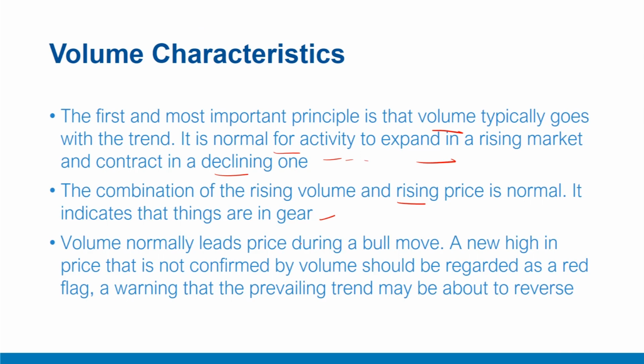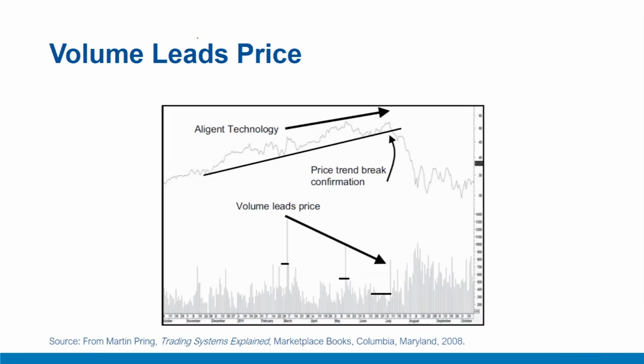Volume normally leads the price during a bull move. A new high in the price that is not confirmed by the volume should be regarded as a red flag, warning that the prevailing trend may be about to reverse. For example, if you look at the price trend, which is on the upside, the volume and price are in divergence.